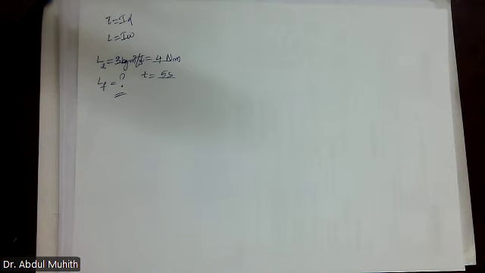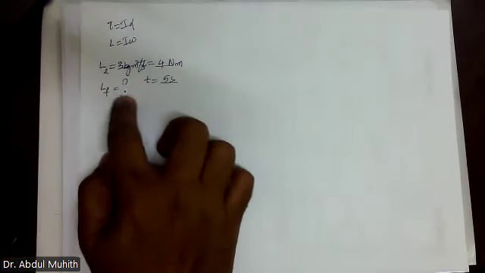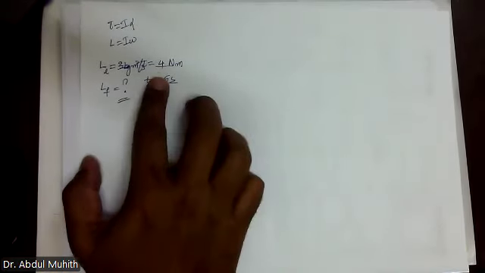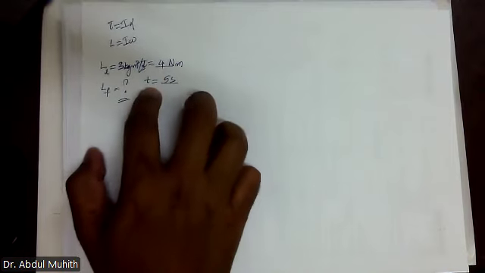What will be the answer for this? Go to Google and type the relation between L, tau, and t. This is the initial angular momentum, and you need to calculate the final angular momentum. Torque is given, time is given.